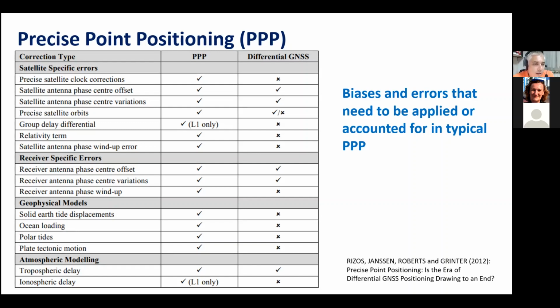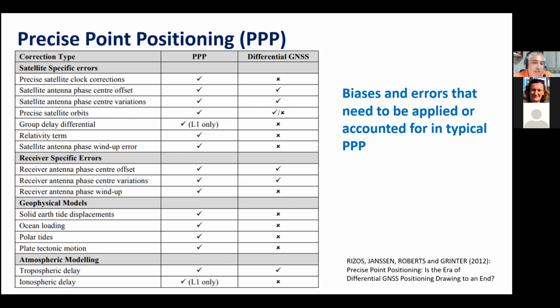So we have satellite specific errors, we have receiver specific errors, we have some geophysical models, and we have, of course, atmospheric modeling. The precise satellite clock correction is needed for PPP. For differential, it is not so critical. What is applied in both methods are the satellite antenna phase center offset and satellite antenna phase center variations.